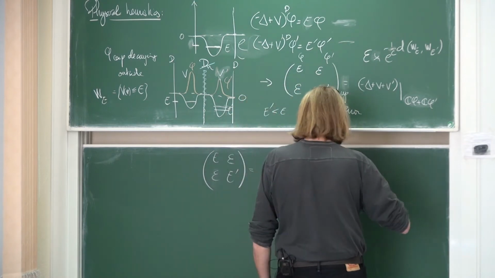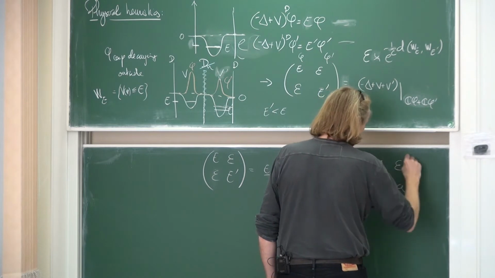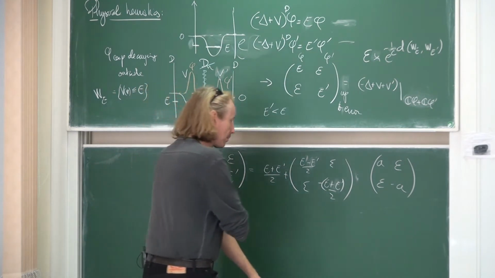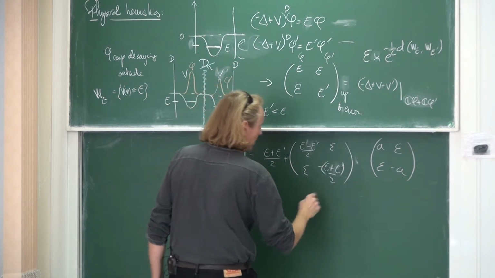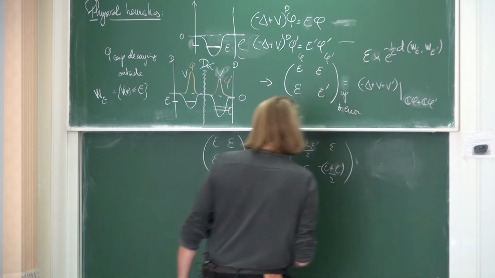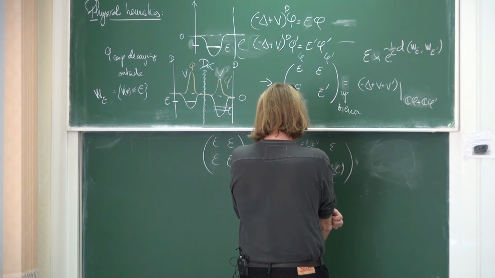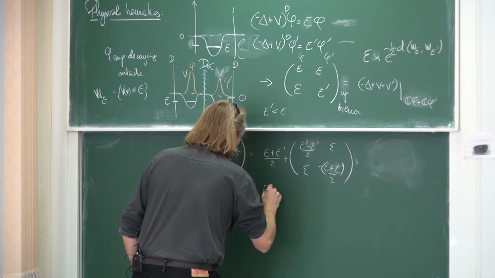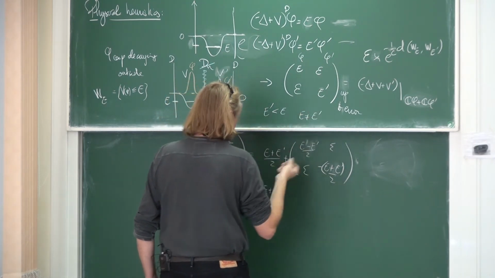And we are looking at the matrix which is 1, epsilon tilde, epsilon tilde, minus 1. By scaling, I'm going to rescale: E plus E prime, and I assume that E is different from E prime.